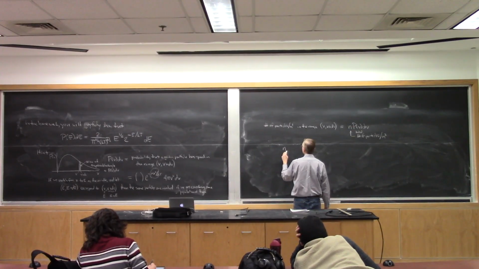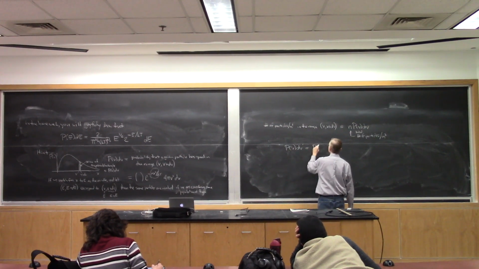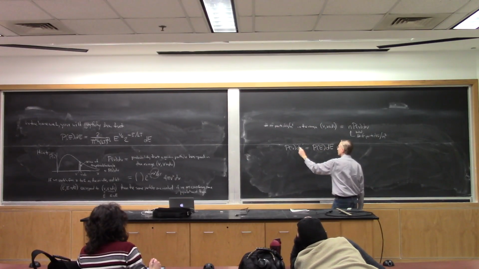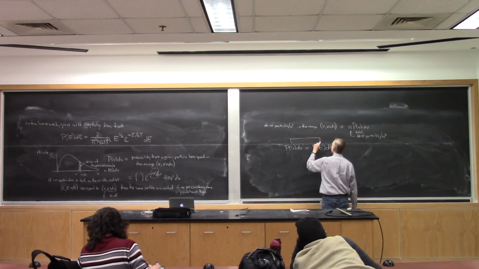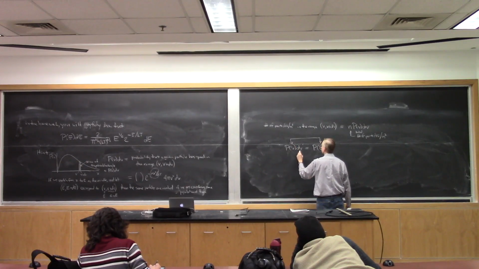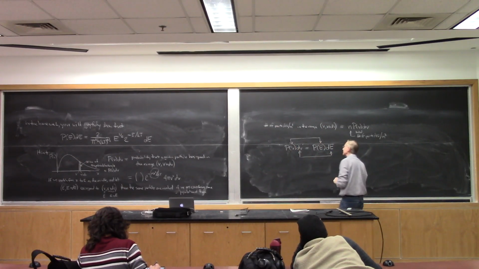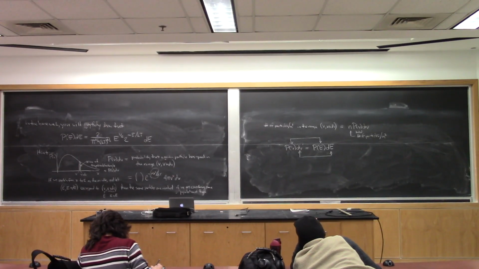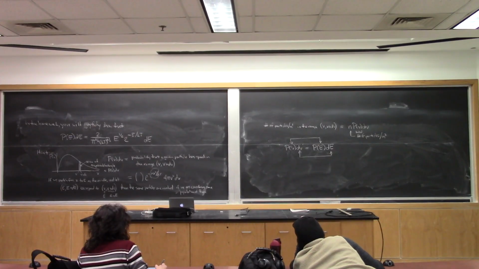So we can say that P of V dV is equal to P of E dE, where those V's and E's correspond to one another, and the dV and the dE correspond to one another. Does that make sense? That's what I'm trying to drive home here, that we're talking about the same particles.